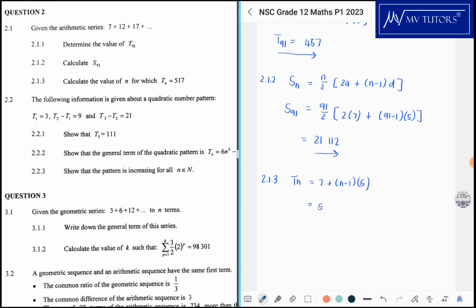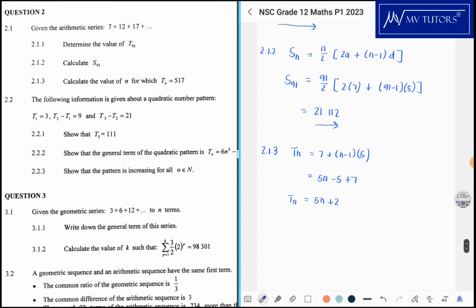So we have 5n minus 5 plus 7. So our Tn formula is actually 5n plus 2. Alright, now that we have our Tn formula, it says what is the value for n for which Tn is 517. So we can have 517 there, and all we are left with really is to solve for n.